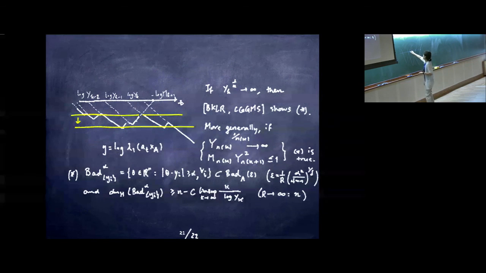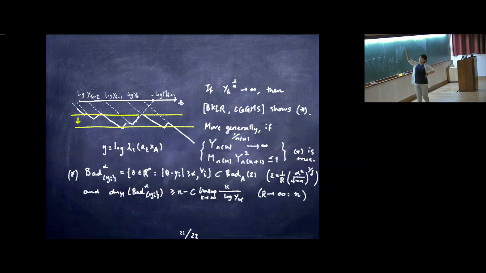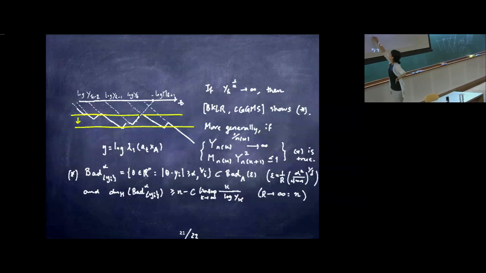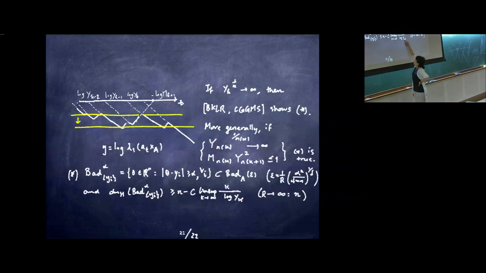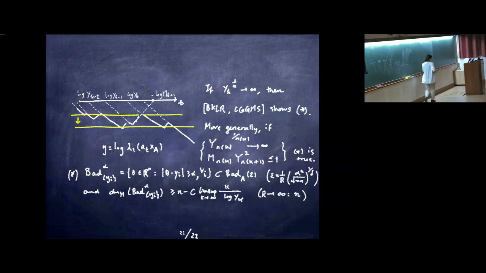It's just this distance being positive or something. But if you take a subsequence, then you have to have this extra condition. So that's the last part that we are not able to solve. Anyway, star is true, and more generally, if these two conditions are true for a subsequence, then you can again find the lower bound for the Hausdorff dimension, except that we replace k by this subsequence.